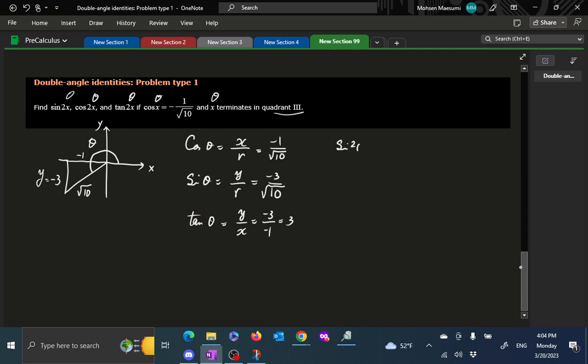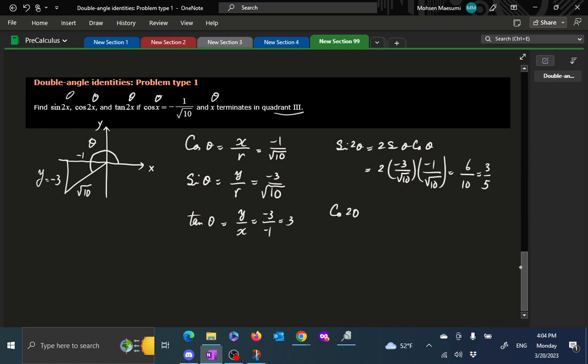Sine of 2 theta is 2 sine theta cosine theta. So 2 times minus 3 over radical 10 times minus 1 over radical 10. 2, 3, 1 gives us 6. Denominator is 10. Reduces to 3/5.